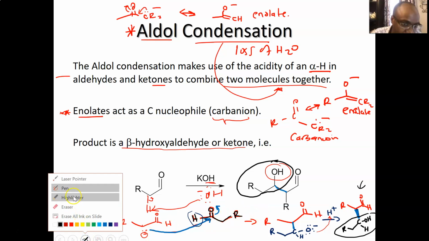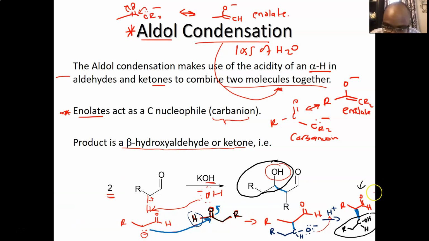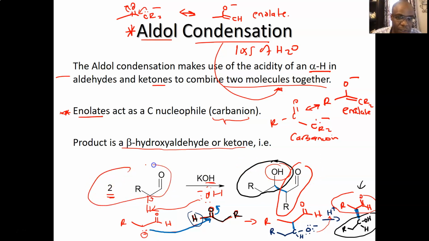And of course the red part here is the same as this part right here. So you fused two of these molecules, taking advantage of the carbanion as a nucleophile to attack the second molecule. So this is molecule number 1 attacking molecule number 2 after it was transformed to a carbanion or an enolate if you do resonance, followed by acid workup. The O minus is transformed to OH. That's where this H came from.